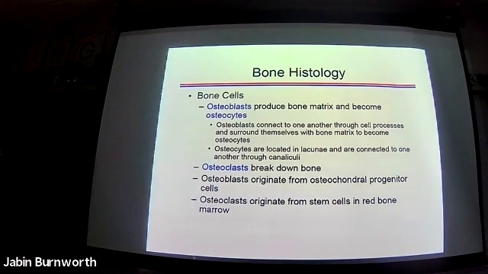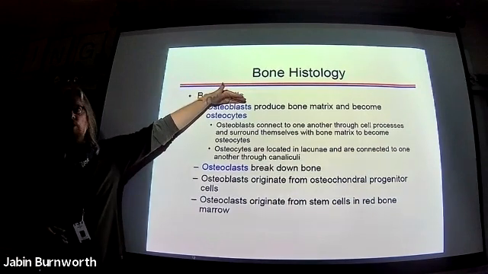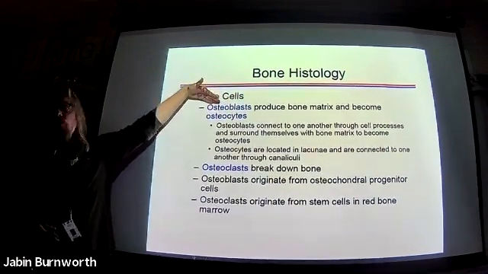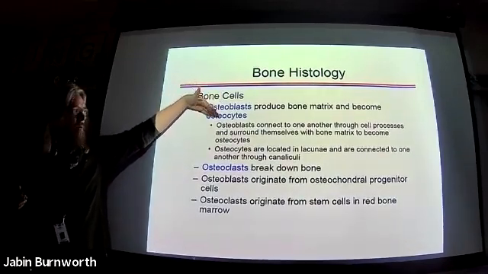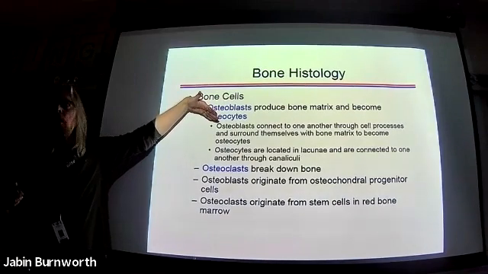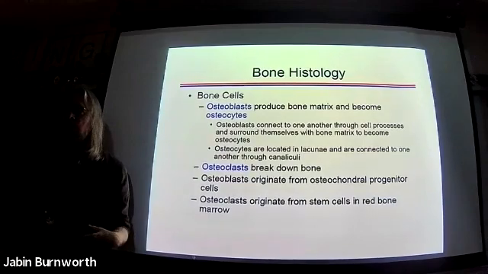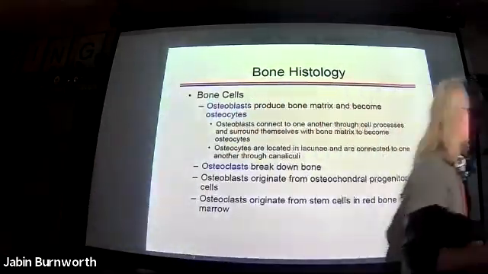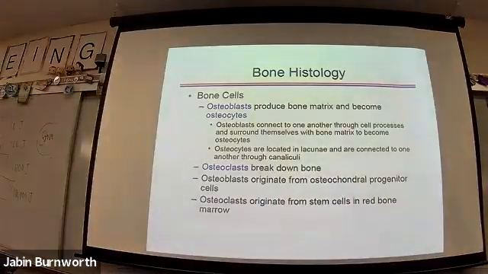So osteo is bone. Once again, blast is embryonic, cytes is cell. So an osteoblast is a baby cell that becomes an actual bone cell. You all with me on that? Osteo, bone; chondro, cartilage. Any questions? All right, that's all I got.